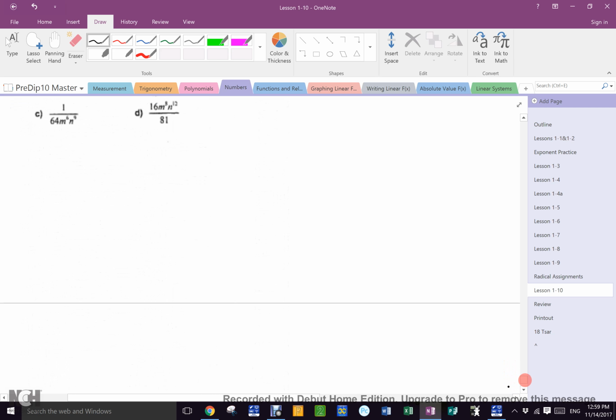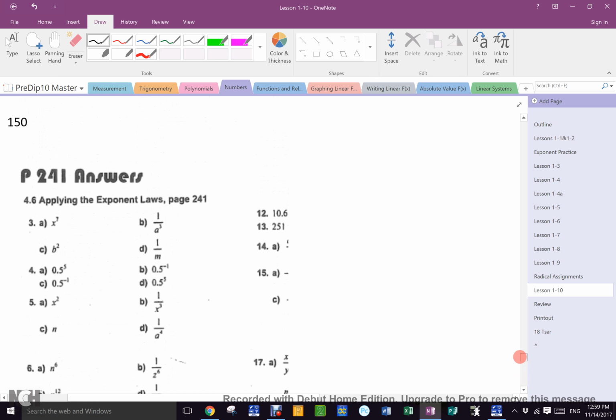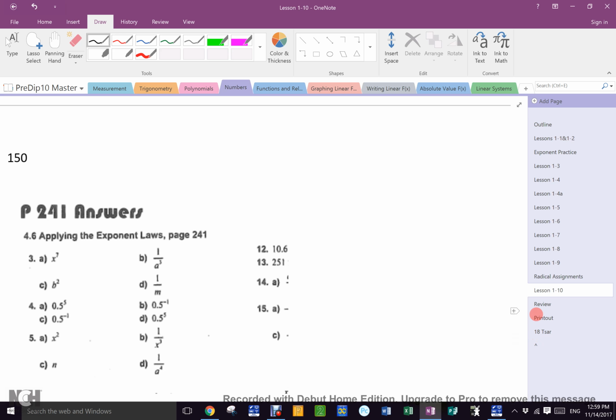You do as much of it as you see fit. We are not having a test until a little while, but you will notice that the next thing on my outline and the next thing on your outline is review, which means tests are coming soon.